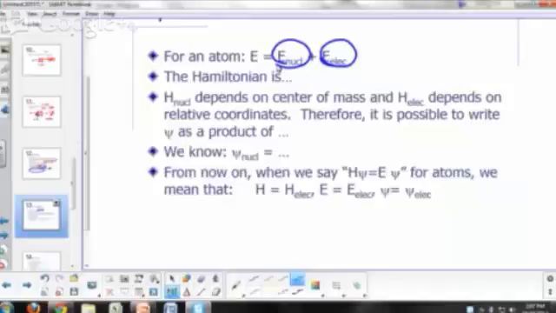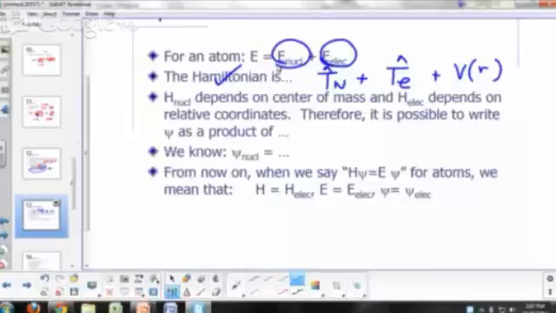So your Hamiltonian would just be a kinetic energy operator due to the nucleus plus a kinetic energy operator due to the electron, let's just pretend we have one electron to make things simple, plus the potential energy of interaction, which is just going to depend on the distance of the electron from the nucleus.